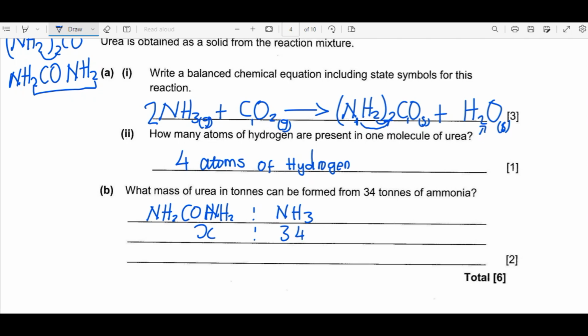So we are going to find the relative molecular mass for ammonia. So from the ammonia, there is only 1 atom of nitrogen times 1 plus 3 atoms of hydrogen.